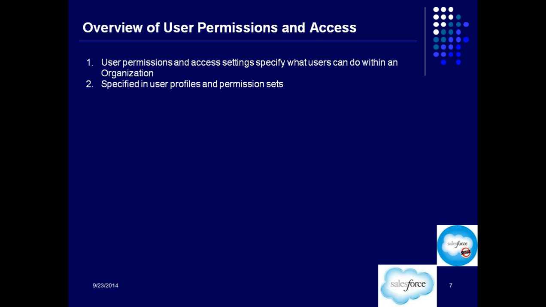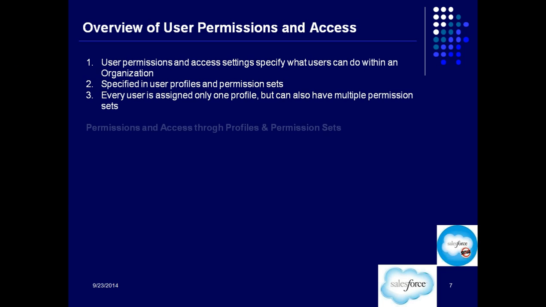Specified in user profile and permission sets. So user profiles and permission sets are where these are defined. I told you earlier that a user will have a login ID, a password, and a profile. So the profile consists of all these user permissions. Every user is allowed only one profile but can also have multiple permission sets.